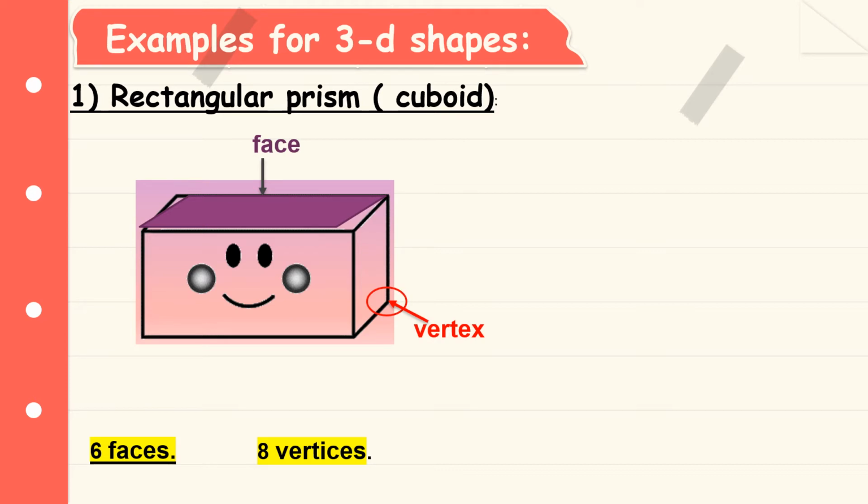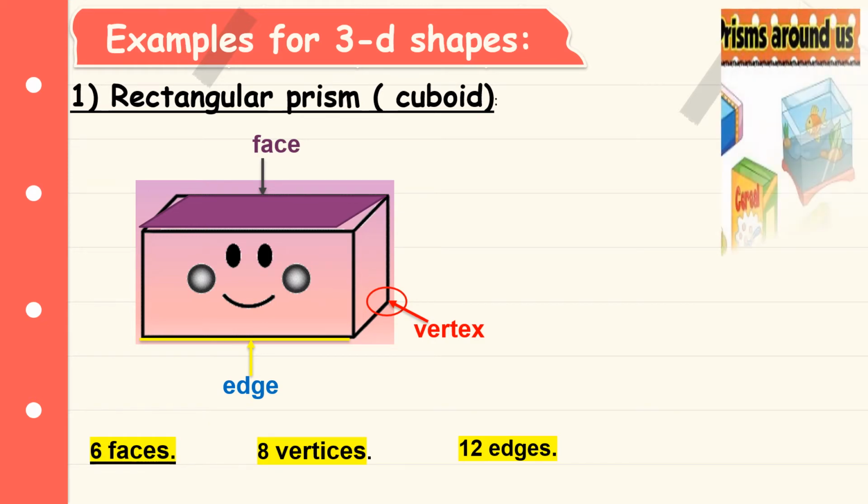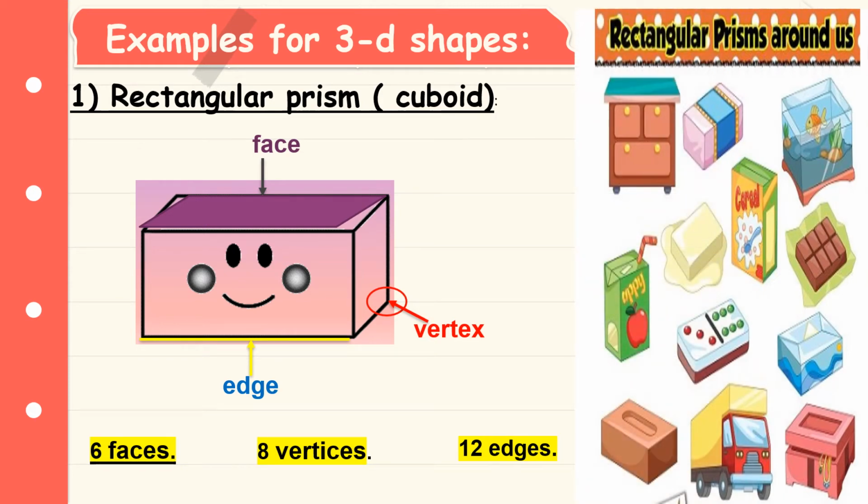And how many edges? Rectangular prism has 12 edges. And we can find shapes like rectangular prism in our real life, like this fan, a bar of chocolate, and the bottle of juice.